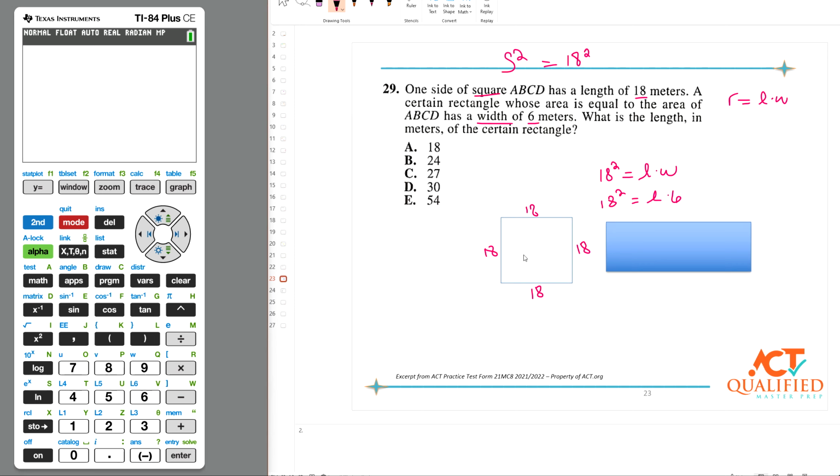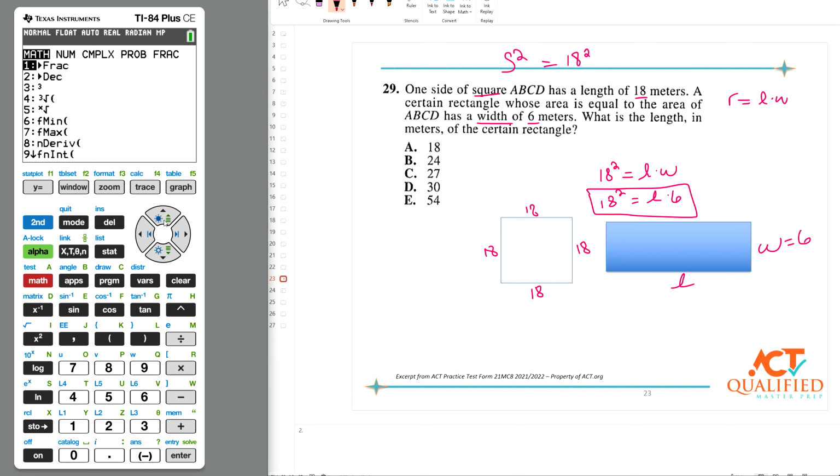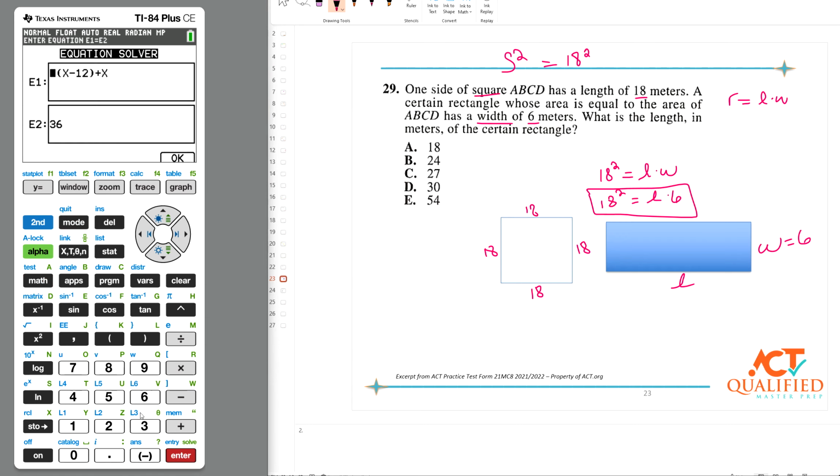Now that we have set up this equation, length times width, where width is equal to 6, we are going to put this into the numeric solver and solve. So let's go over to our calculator. Select the Math button, tab up to numeric solver.